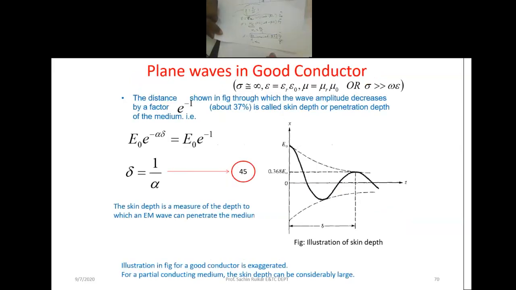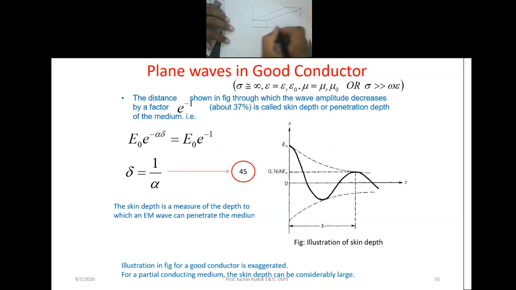Now the wave is propagating in a transmission line, that is a waveguide. In the case of a waveguide, the wave is propagating through the transmission line. What is a waveguide? A waveguide is a rectangular tube, a rectangular structure.